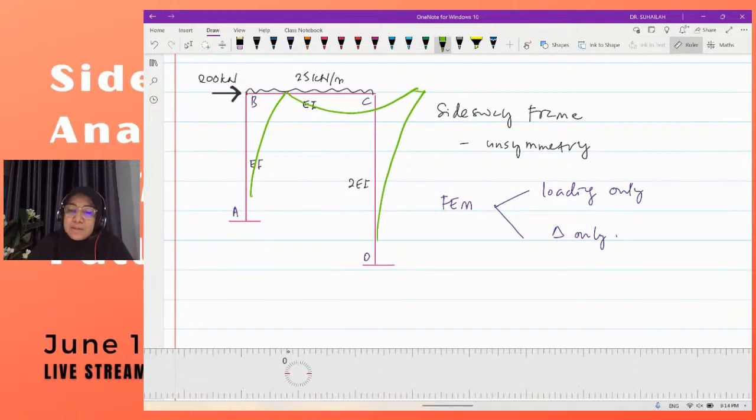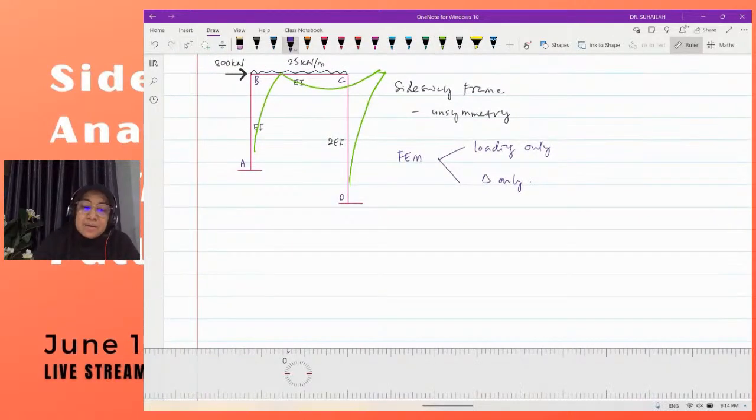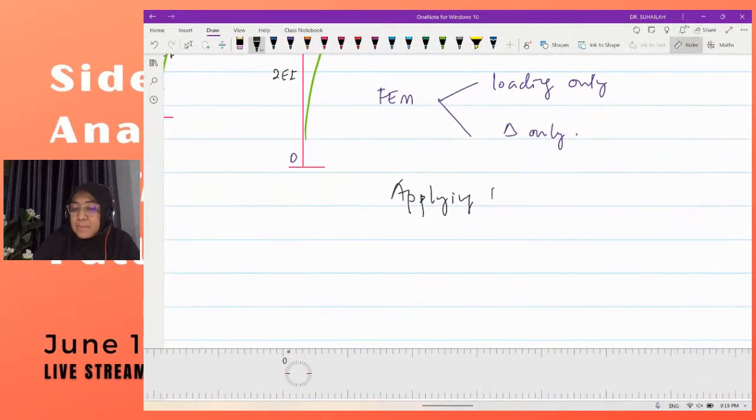So we have to remove delta first. We are going to do this by applying the principle of superposition.